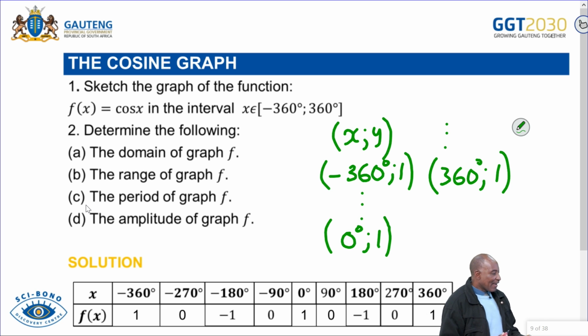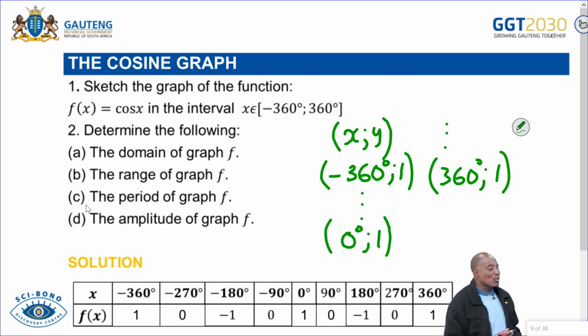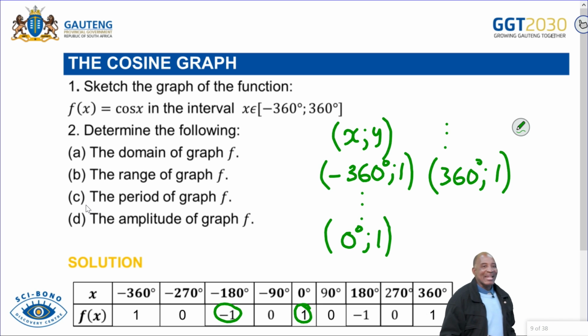Right. Having come up with the table, again, I have to decide what is going to be my y scale. I need to check the minimum value of y. I see the minimum value of y is a negative 1, and the maximum value of y is a positive 1. So my scale must accommodate both negative 1 and 1 on the vertical axis, which are my y values.